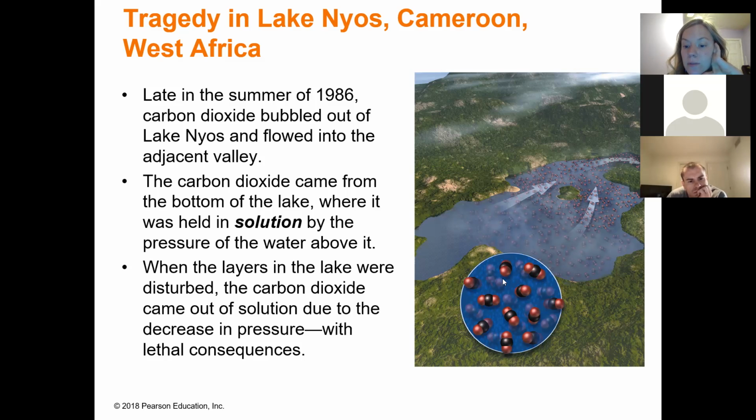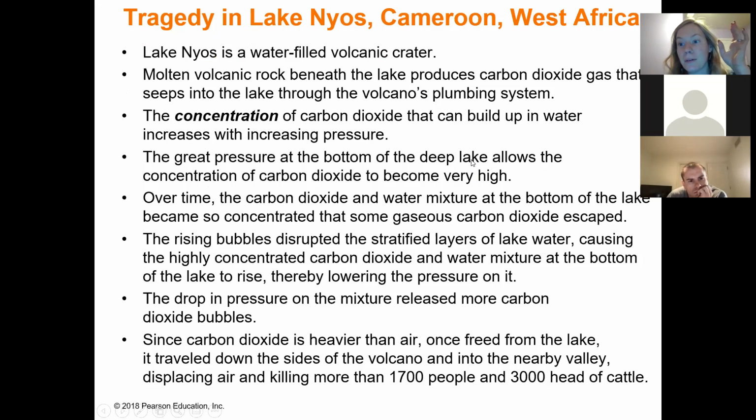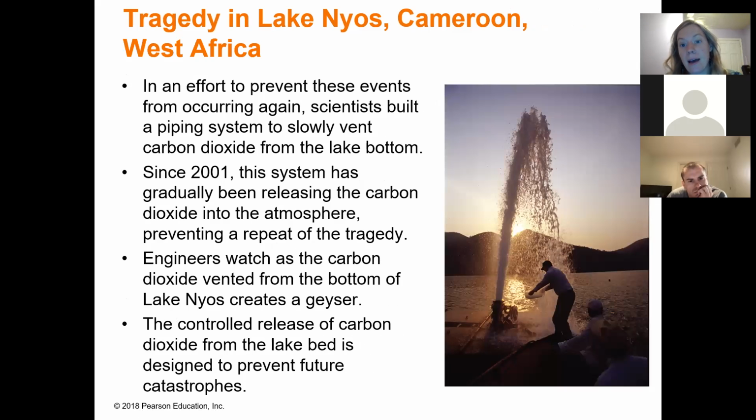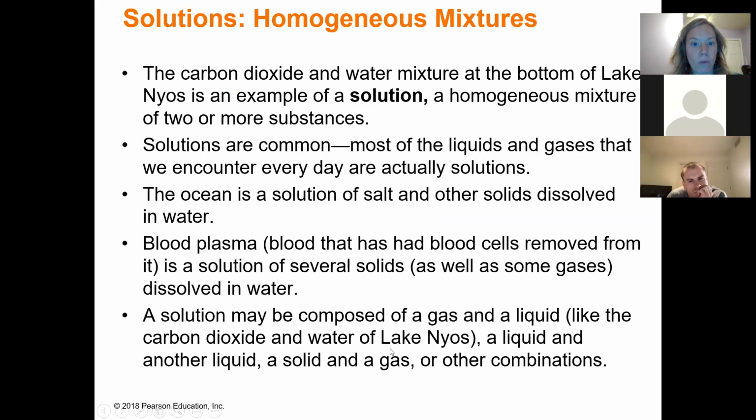And because CO2 is more dense than the rest of the atmosphere, it drifted down the side of this mountaintop and killed a bunch of people and a bunch of their livestock because they suffocated. So now they degas the lake on a regular basis. There's a picture of this guy trying to release some of the trapped gas in this lake.